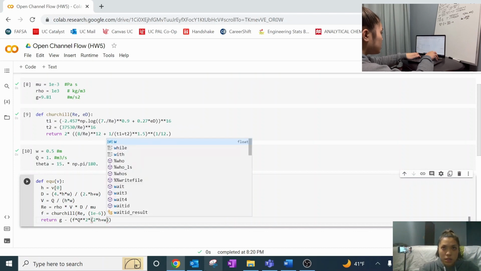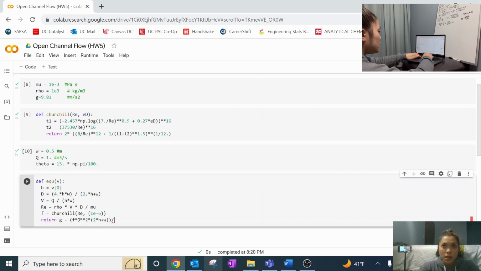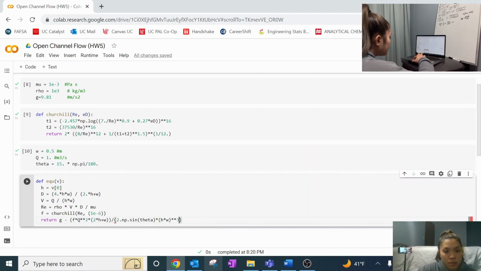So that's the numerator, and then we have that divided by 2 times sine, so we'll use np.sin of theta, times the height times the width to the third power, so cubed.